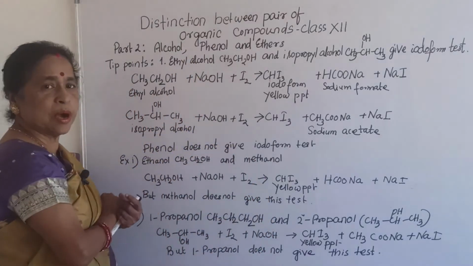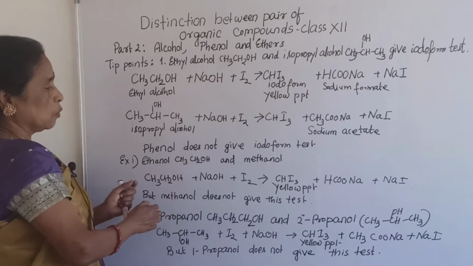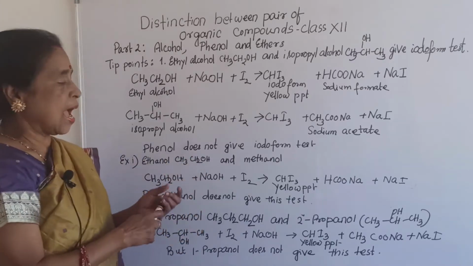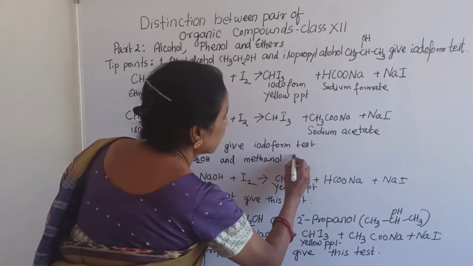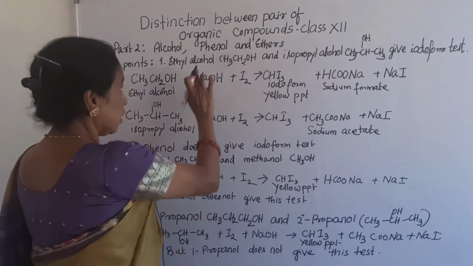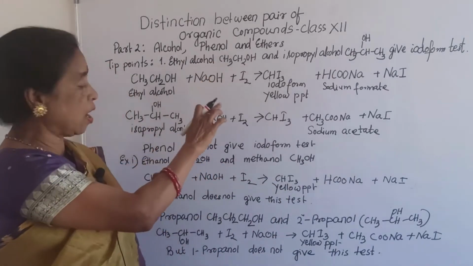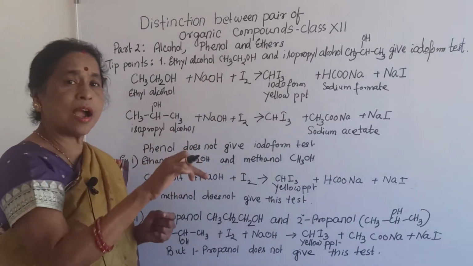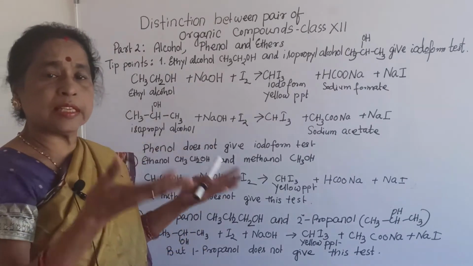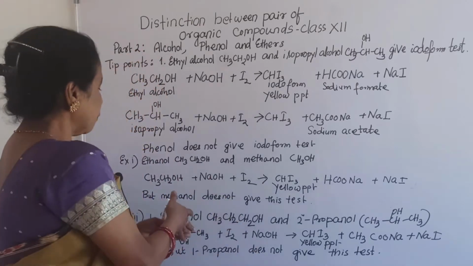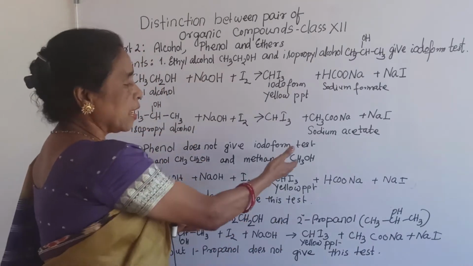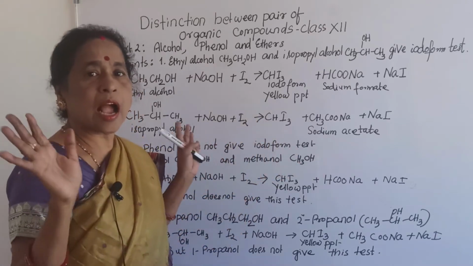Then example 1, the distinction I told here: ethanol, what is the formula? CH3CH2OH, and methanol, what is the formula? CH3OH. Now see, we know from tip point 1 that ethanol will give the iodoform test. The question itself is ethanol and methanol. That is why you can say ethanol will give the iodoform test, whereas methanol does not give any iodoform test.